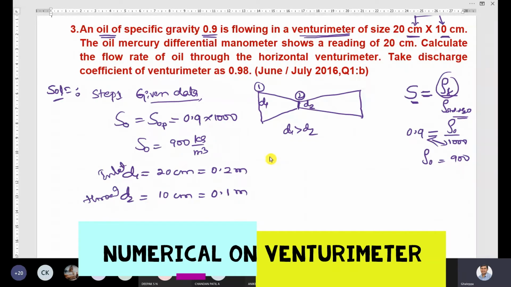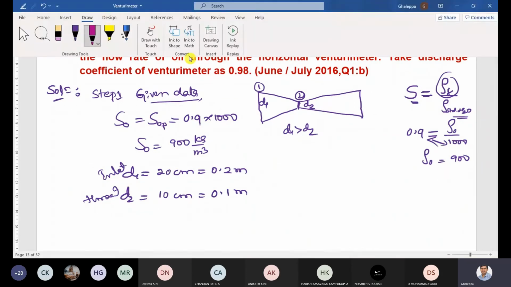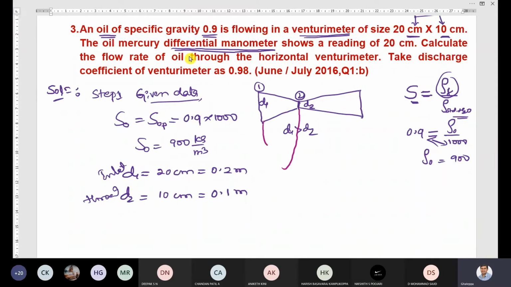Next line you read: the oil mercury differential manometer. So here he has not given the value of H directly in terms of pressure difference. He has not given P1, he has not given P2. Instead of that, he has used a differential manometer. So again, what I do, I will connect one manometer between these two sections.